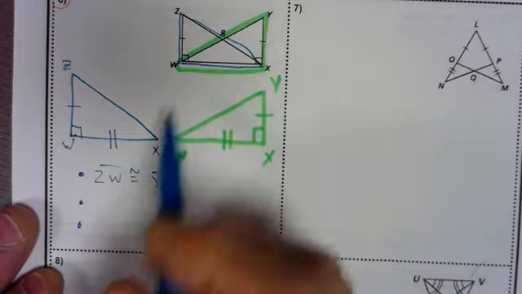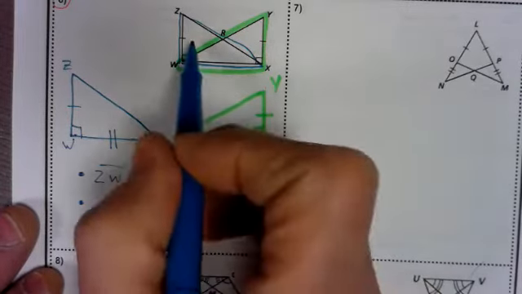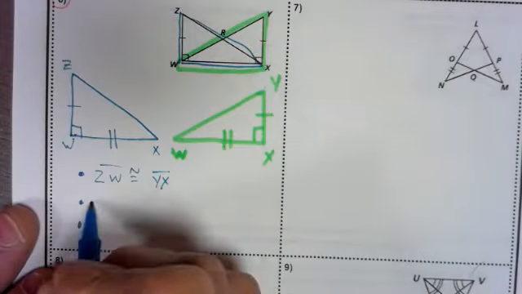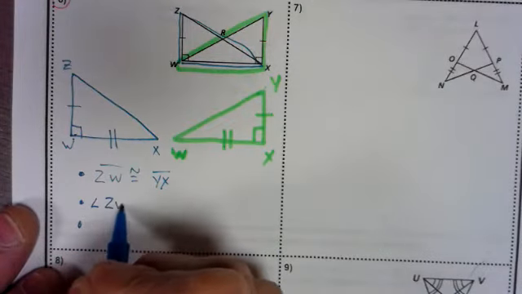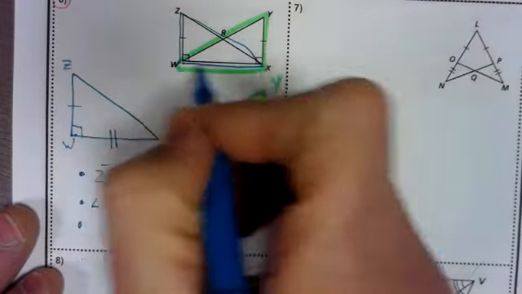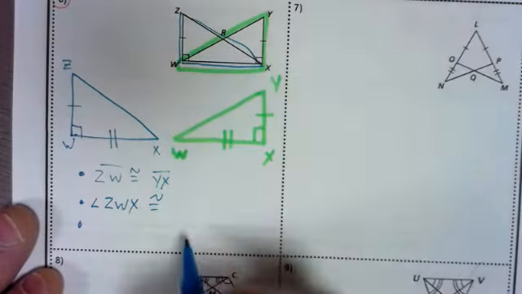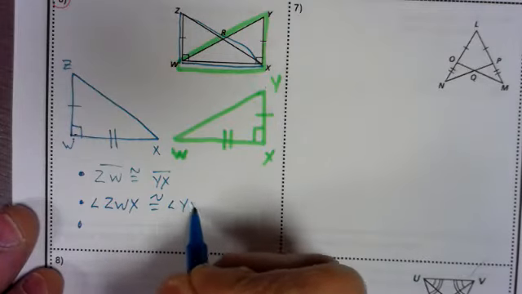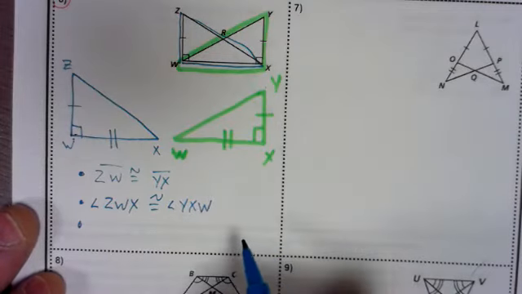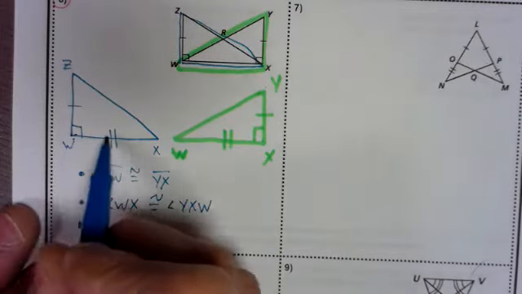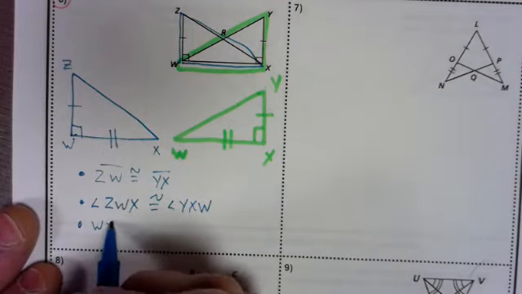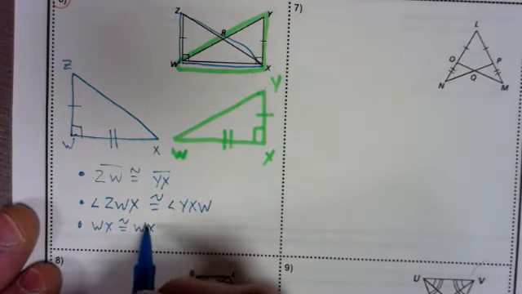In these 2 separate ones, I can say that, but up here I couldn't say that. So I'm going to use 3 letters. Angle ZWX, this one right here, is congruent to angle YXW. Awesome. And then my third shared side, WX, is congruent to WX.